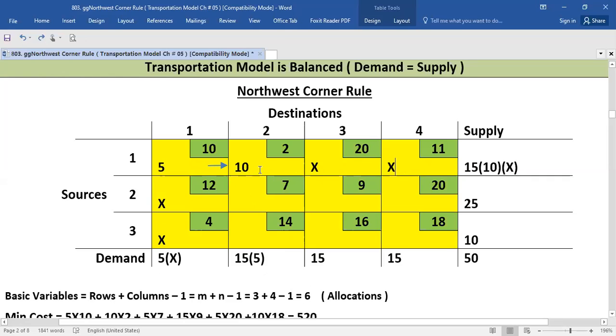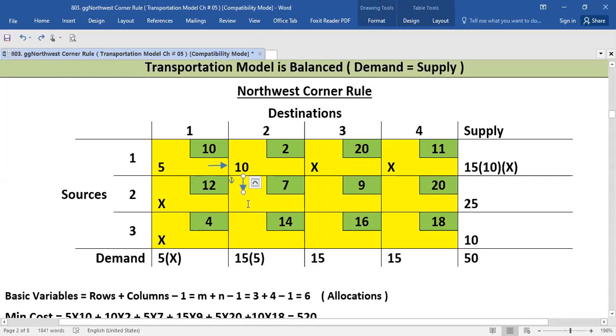So you will move down. How? Yes, this is the only way. This is the connected cell. You will move to the connected cell, and this is the only blank cell where you can make your allocation. So you will make arrow sign.